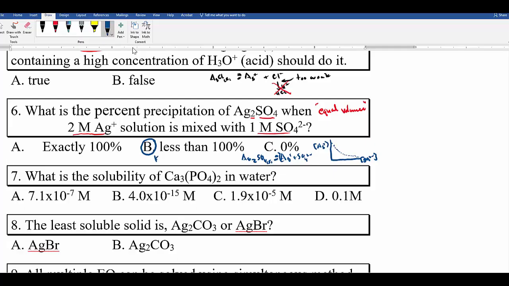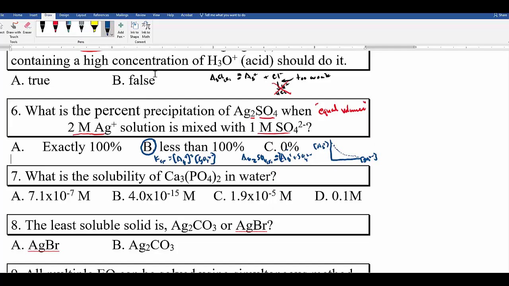KSP is equal to the silver ion concentration squared times the sulfate concentration. So in order to get the silver ion concentration to go to 0, that is, we have none left, the sulfate has to be infinite. And so it's not possible.